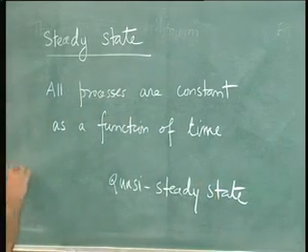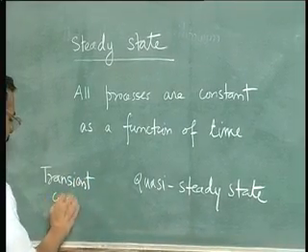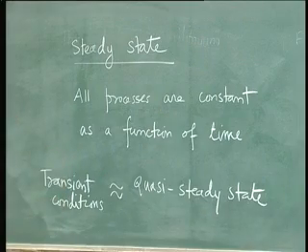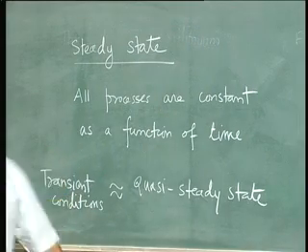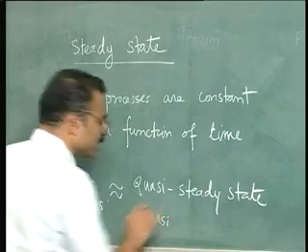So transient conditions can be approximated as quasi steady state or quasi static conditions. The word quasi always means small deviation from.